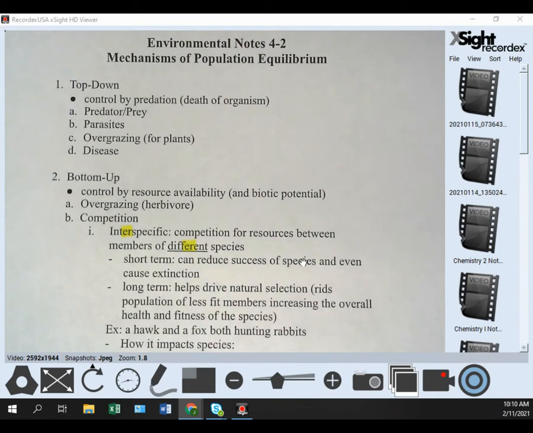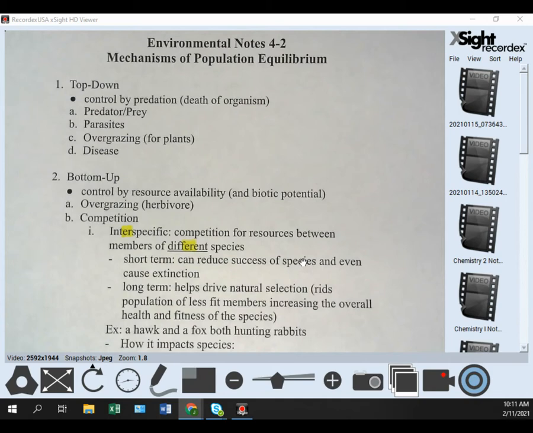For example, think about overpopulation of deer, where the population got really big because they had plenty of food around the agricultural fields. But then when all of that gets cut down and goes away, the deer might start dying off because of starvation, because there's just not enough food around, right? So that would technically still be bottom up because it's resource availability.